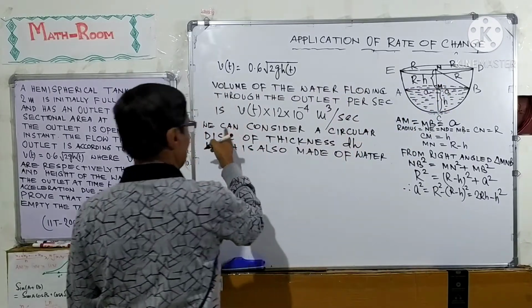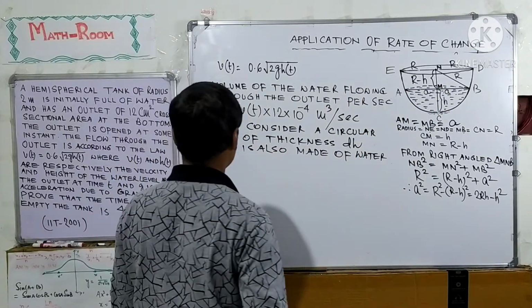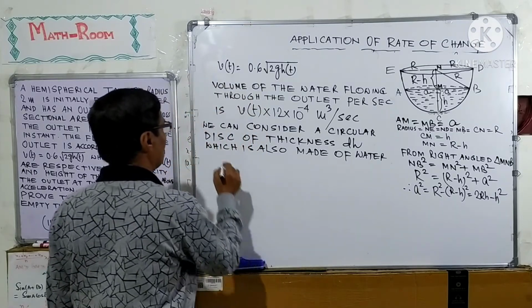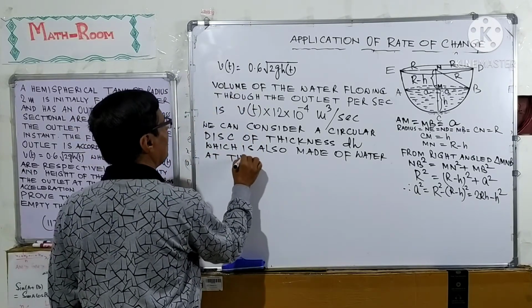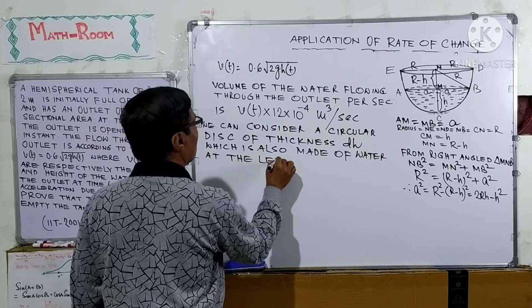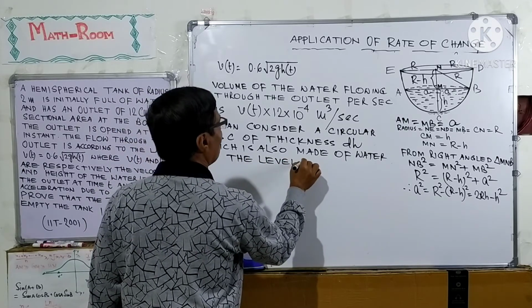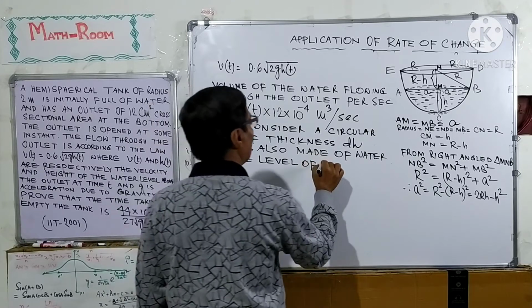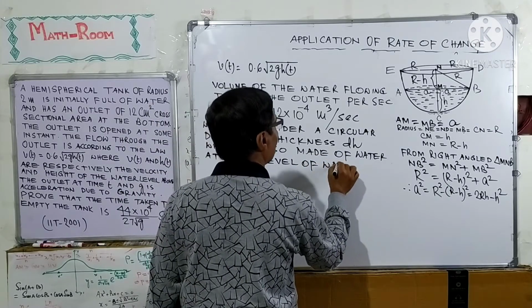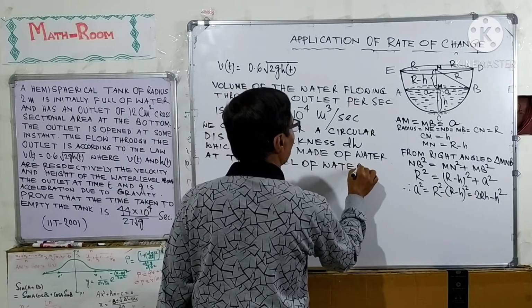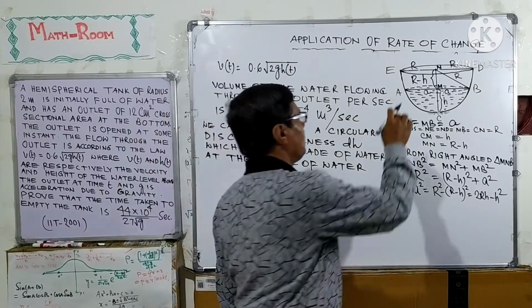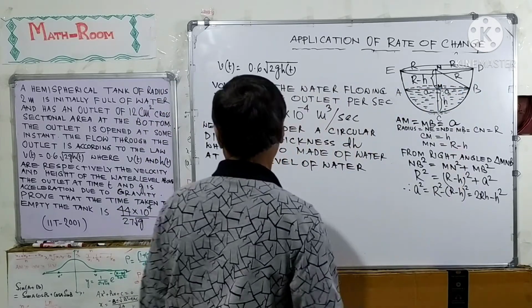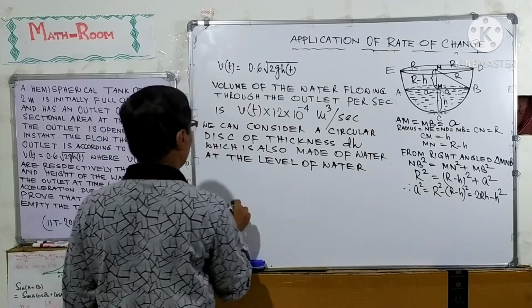This circular disc is considered at the level of the water, that is the level AB.